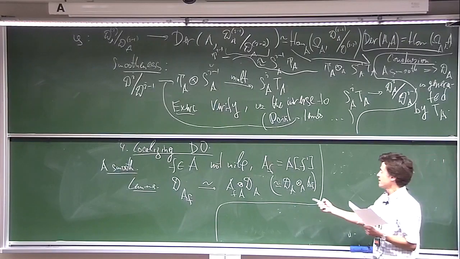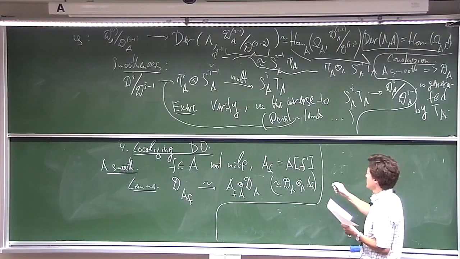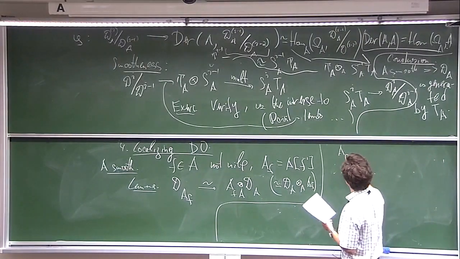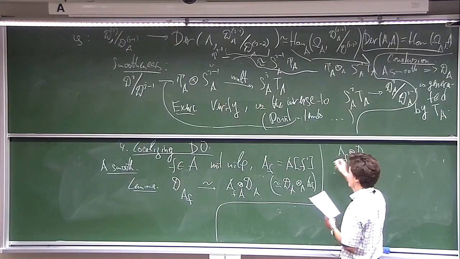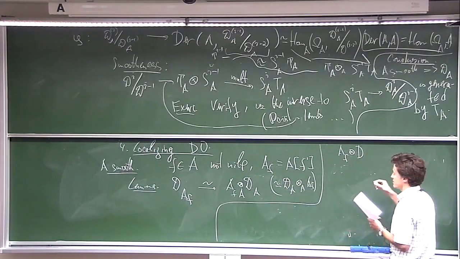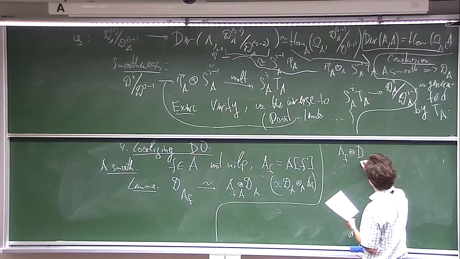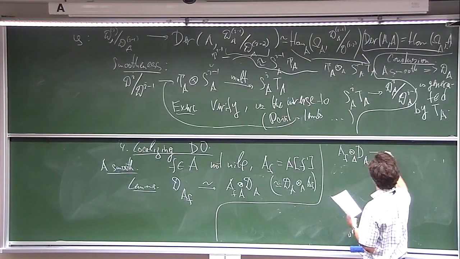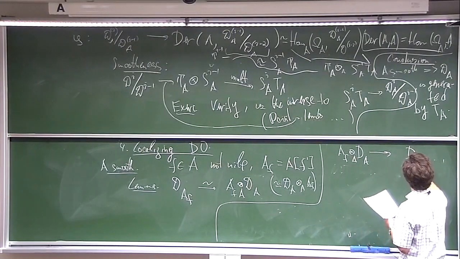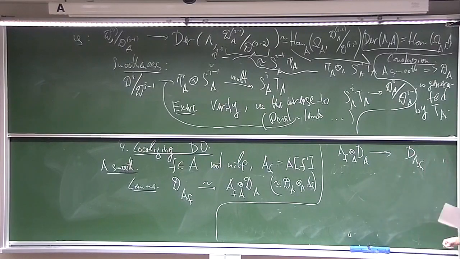So there is something to figure out. Suppose we want to make a map from the right-hand side to the left-hand side. Well, these are differential operators after all.